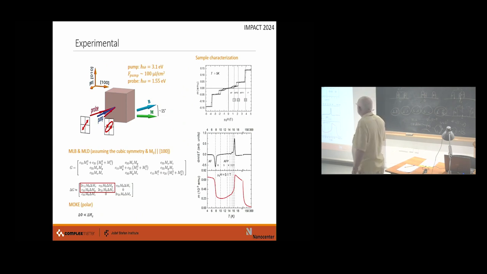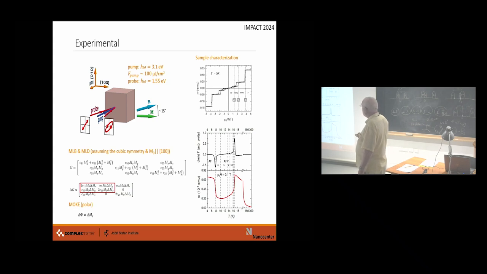First of all, this is just sample characterization, to check that the sample is what we think. We see all the phases in the field scan as well as in the temperature scan. Our technique of choice is pump-probe: we take a crystal, excite it, and probe it with light which propagates along the 0, 0, 1 direction.